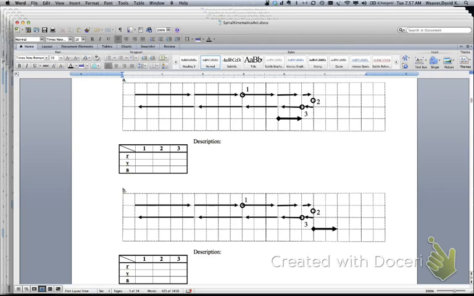So what you see before you here is items A and B from page 5 of the Spiral Kinematics Activities. And so what we have, like the last one I showed, is the same motion just with differing origins.